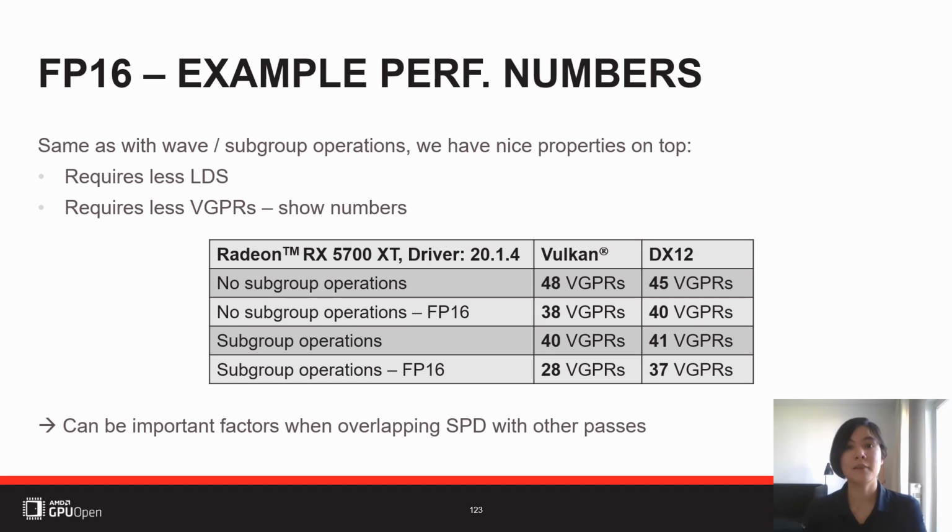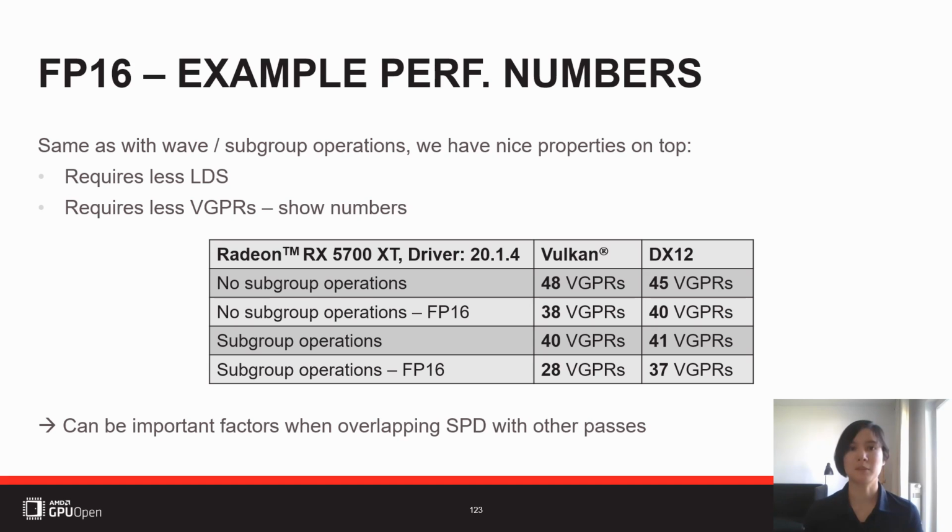But again, here as well, performance is not all about the performance of the single shader. If you look at the whole picture, if you're overlapping the shader with other passes, then using FP16 has really nice properties. We are using less LDS, so just half of the needed amount of LDS is now used in case of FP16, and also we could reduce the number of VGPRs needed by quite some amount. So here is the VGPR example for the specific driver version.